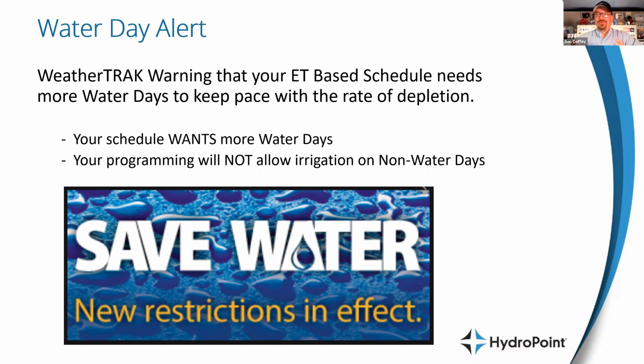We always want to obey those water restrictions because there's fines and penalties and public humiliation for those who break those rules, right? So WeatherTRAK will always abide by those rules. And if we aren't able to irrigate, it will just continue to accumulate depletion. And when it is allowed to irrigate, it will do its best to catch up.